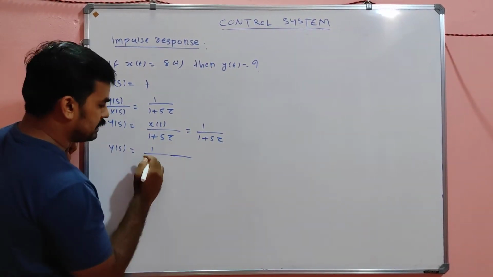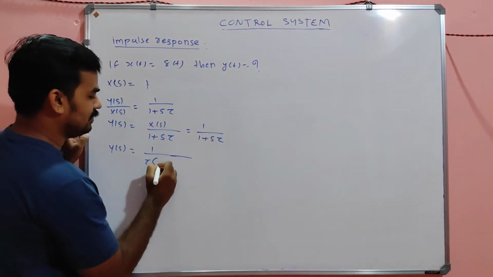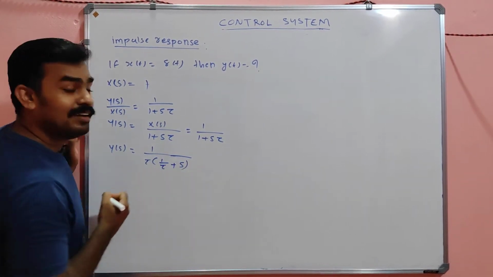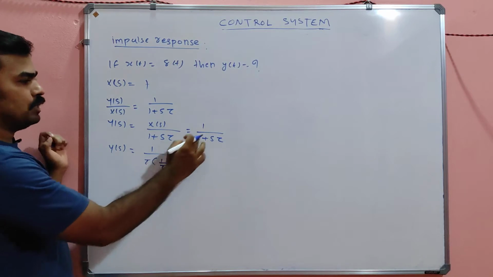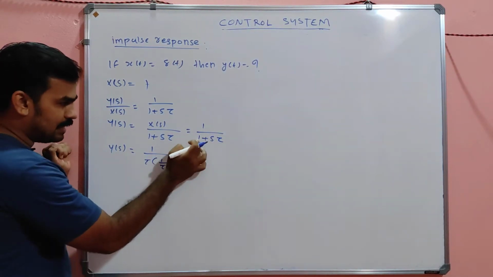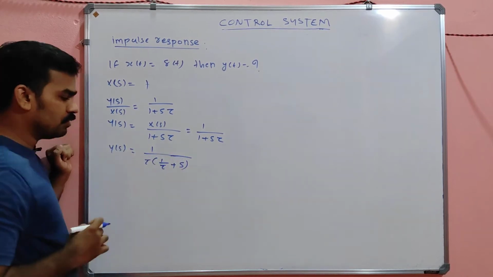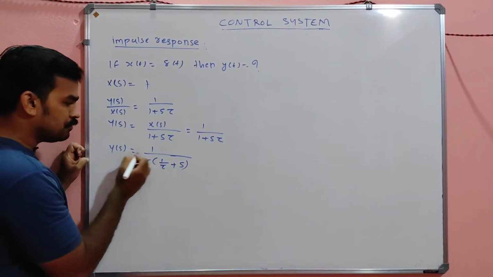I'm taking τ as common, not 1 by s. So it will become 1 by τ plus s. So 1 by τ into 1 plus sτ. Correct? So this is y of s, my dear.